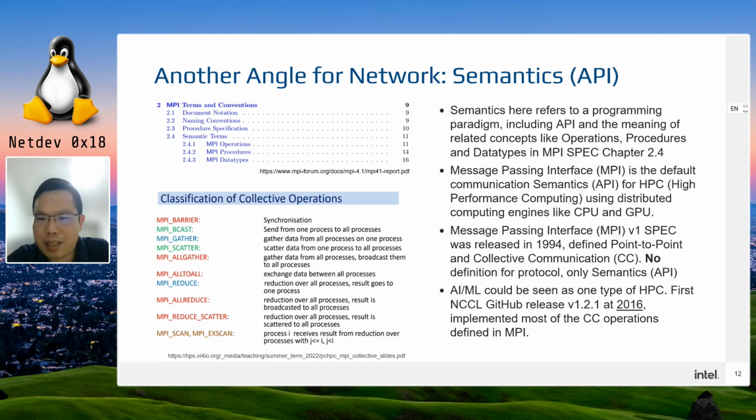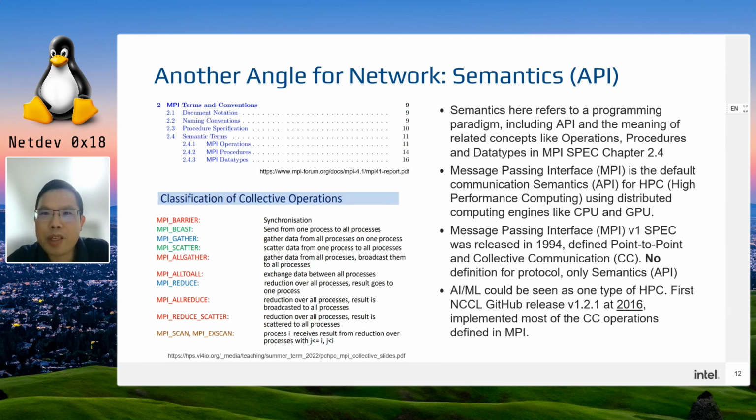About 20 years later, AI and machine learning came along as one type of HPC, and NCCL is one implementation of this collective communication.